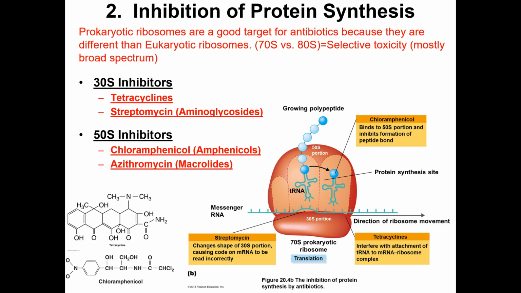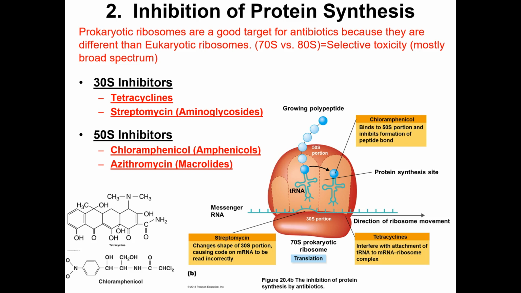All right, so let's see. Tetracyclines. Okay, so tetracycline here binds to the 30S portion and prevents the tRNAs from binding to the codon. So they prevent anti-codon-codon binding. So, if there's no tRNAs binding, there's no protein to be made.